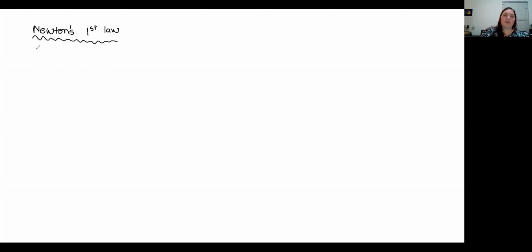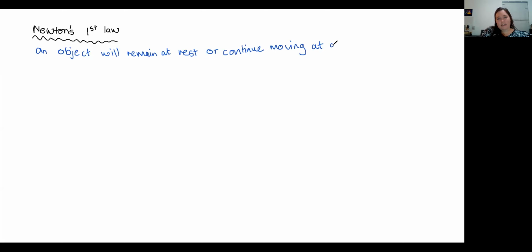And it says, an object will remain at rest or continue moving at a constant velocity unless acted upon by a non-zero resultant force.